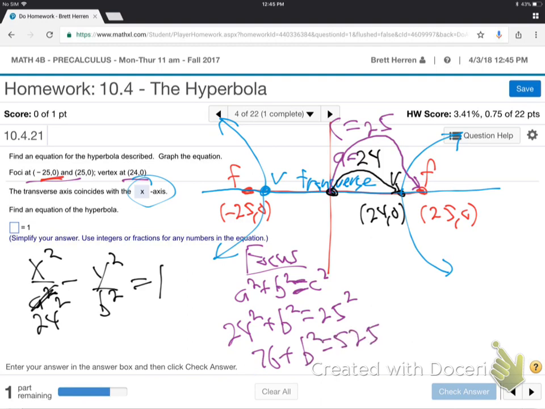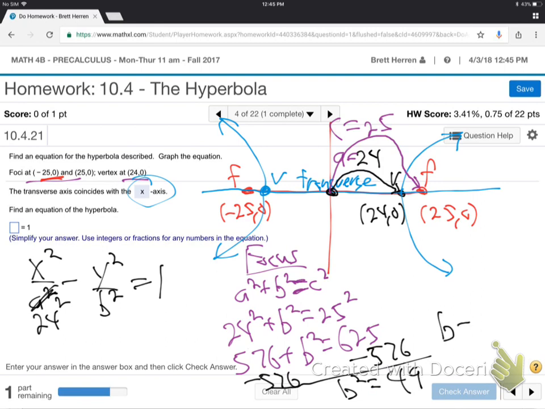Thank you. Did I do that right then? It's 625. I'm having all kinds of troubles. All right. So then solve that: minus 576 gives 49. So B squared is 49, and B is 7. We're done.